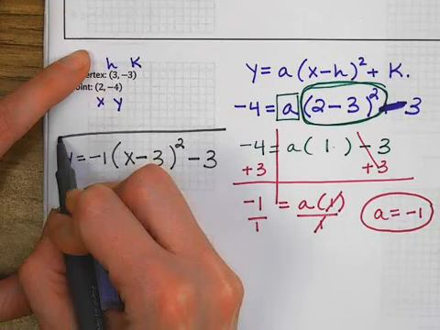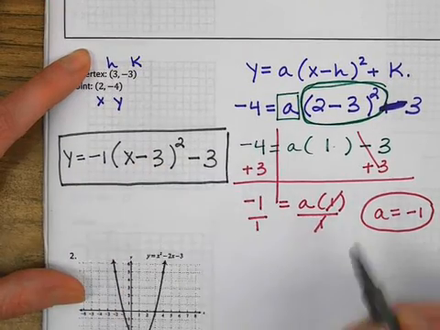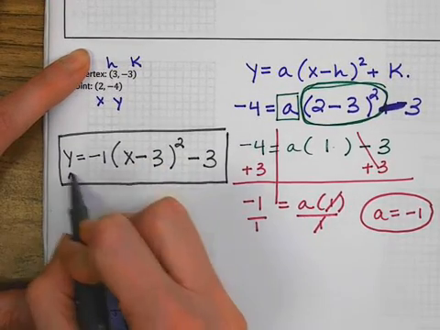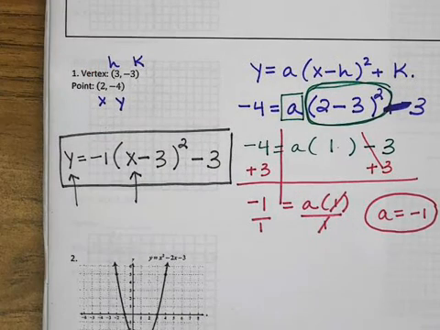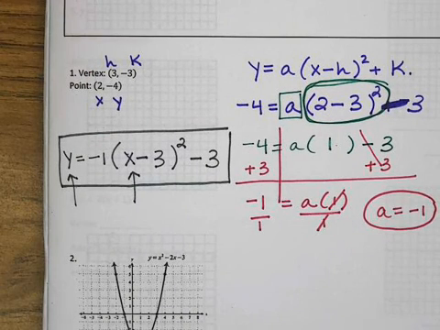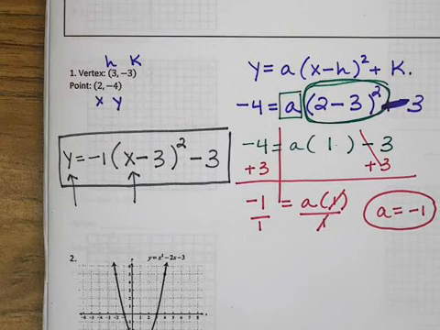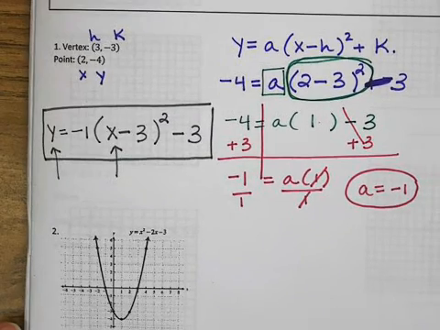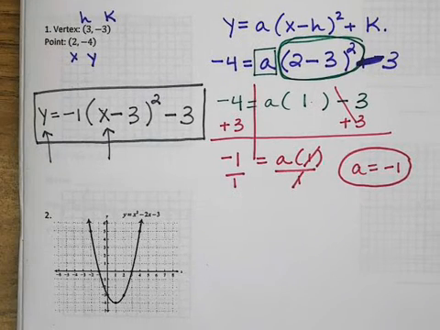So in your final answer, you're going to plug in everything but leave x and leave y. But everything else gets plugged in. The a, the h, and the k get plugged in. All right, that's it.